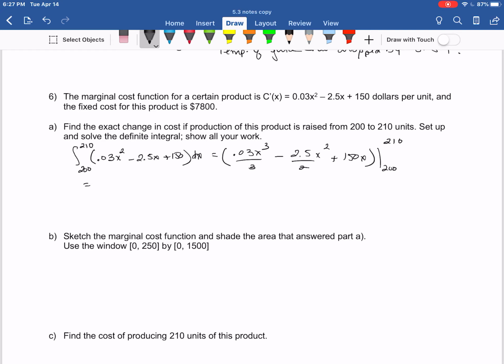We end up getting $8,985. Our marginal cost was given to us in terms of dollars per unit, so we have dollars for our cost answer. This represents the cost of producing the 200th through the 210th unit altogether.